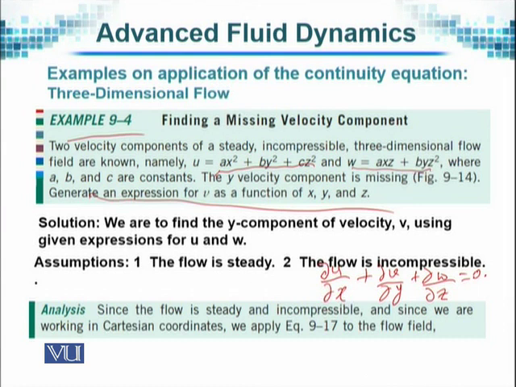So, for the solution, the problem is enumerated again. We need to determine the y component, and of course we need to use the values given in the question. The assumption is that the flow is steady, so d/dt is 0 for all the terms, and the flow is incompressible, so the variation of rho is also 0.